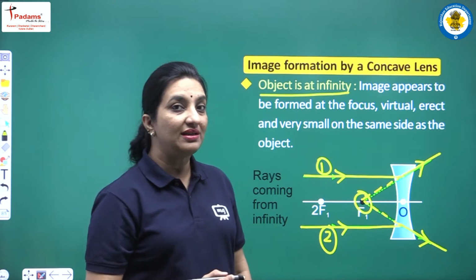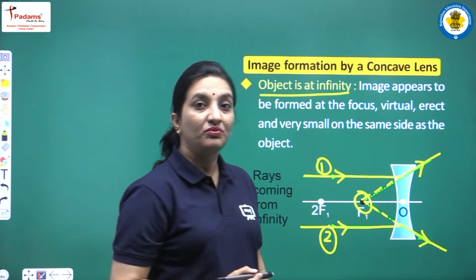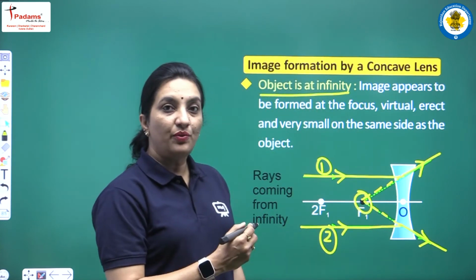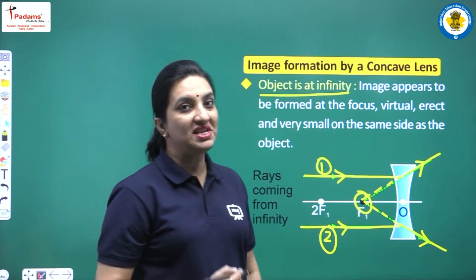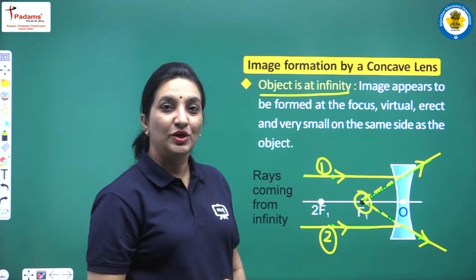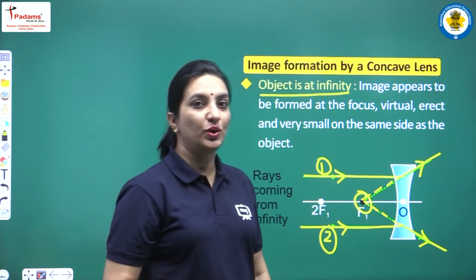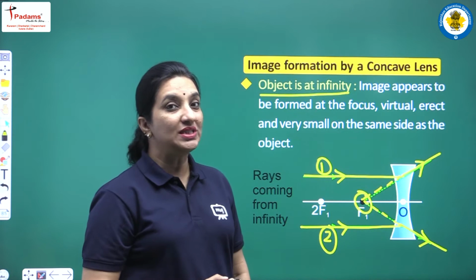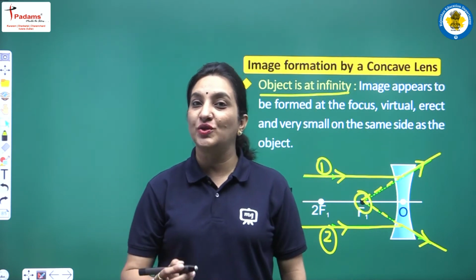So what we see here is that these refracted rays, on extending on the side where the object is placed, they meet at a point F1. So here the image will be formed. So we get the image at F1, which is shown by the black dot. So students, here what we observe is that the rays are not actually meeting.